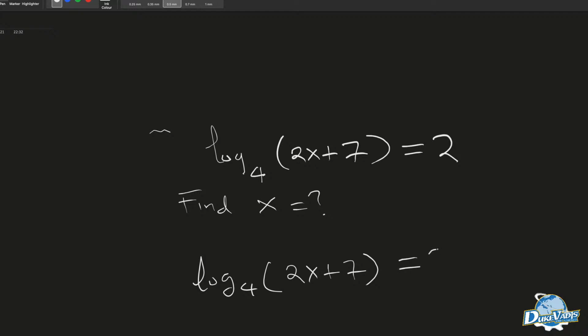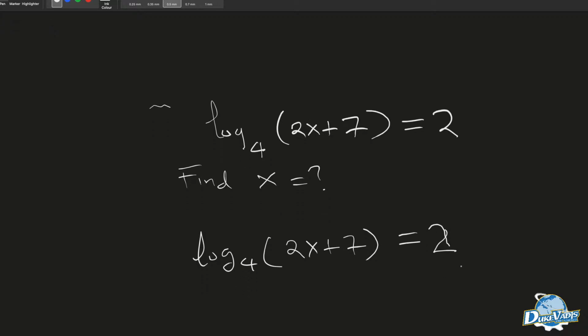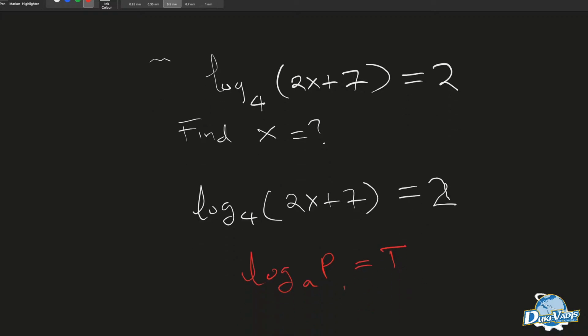It equals 2. So what do we do? If you remember, if we have log a to p is equal to t, this same log can be written as p is equal to a raised to the power t.